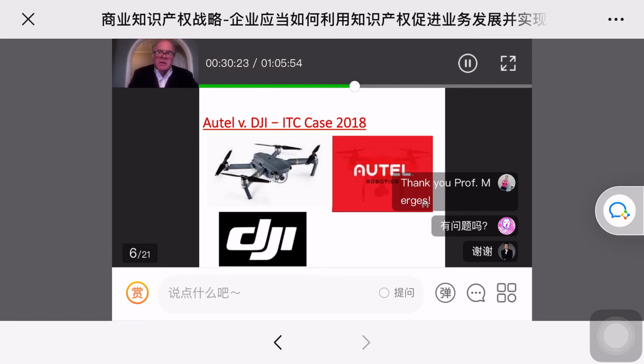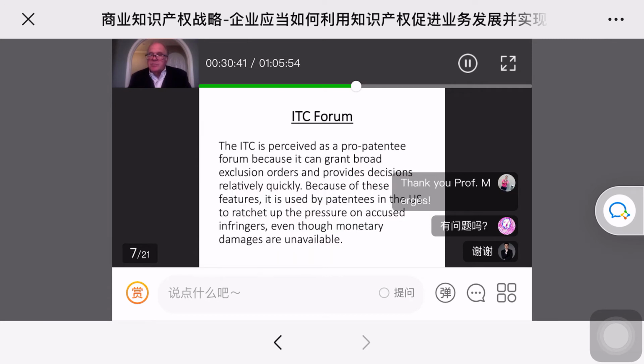So let me just say something briefly about this International Trade Commission, ITC, in the U.S. The job of the ITC is to prevent imports into the U.S. that are unfairly competing with existing products sold in the U.S. And there are a number of ways that an import can be unfair.